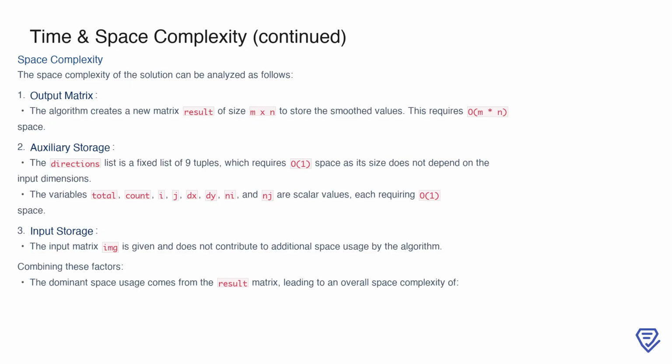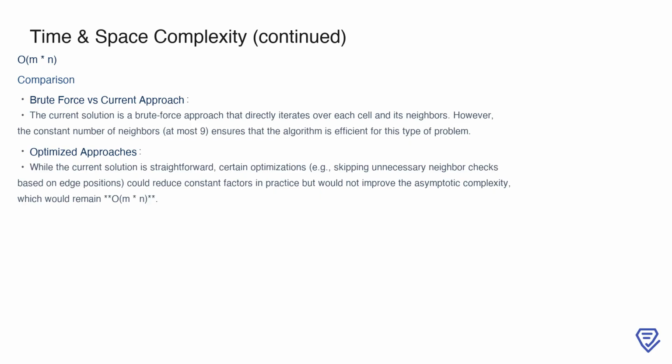Additionally, the algorithm uses scalar variables such as total, count, and the indices for iteration, all of which also require constant space. Finally, the input matrix img is provided and does not contribute to additional space usage, as the algorithm does not create a duplicate of it. Combining these factors, the dominant space usage comes from the result matrix, leading to an overall space complexity of O(m*n).